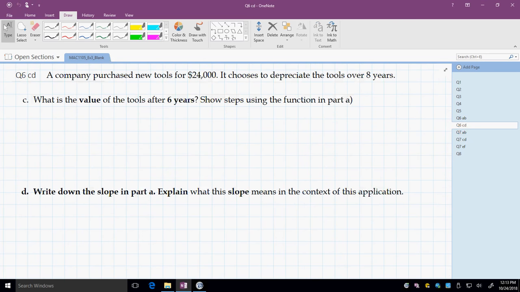As the function already says, they're asking us what is the value of the tools after 6 years. We know x represents the years. If we write the function that we already set up, I'll substitute in x by 6. We're going to figure out the value of those tools after 6 years.